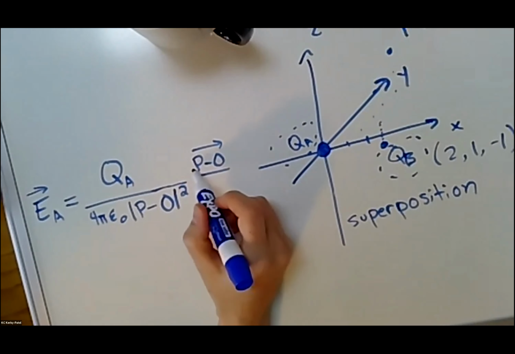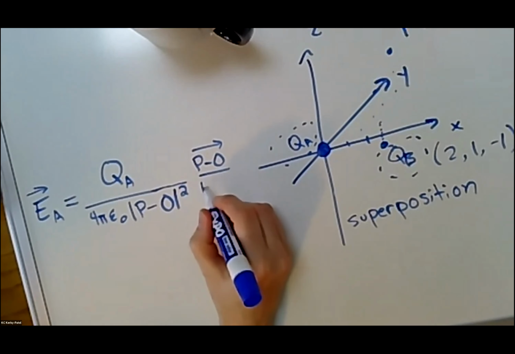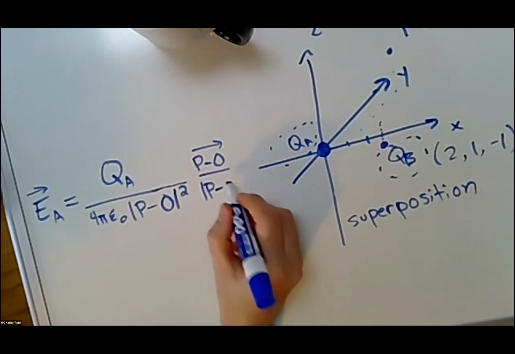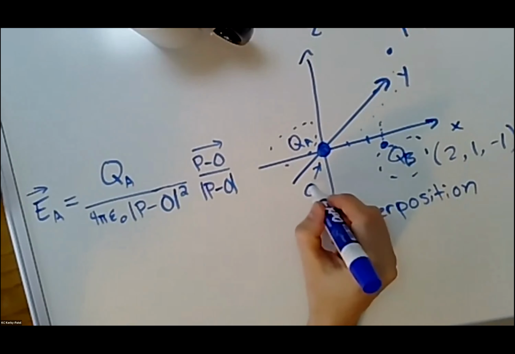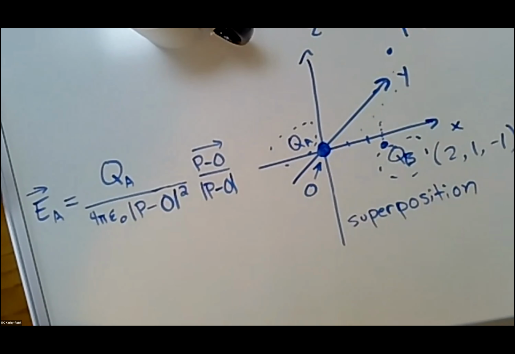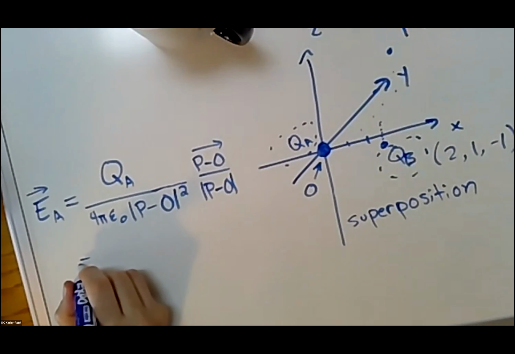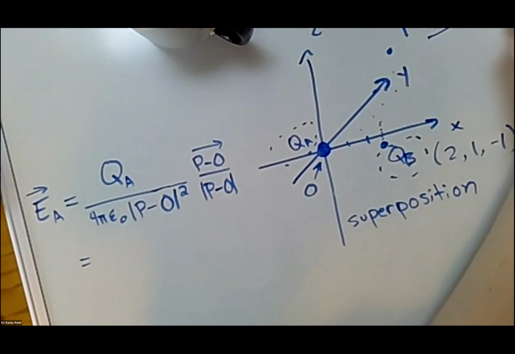I'm writing the vector observation point minus origin divided by the magnitude of observation point minus origin, like that. That point is the origin, which is why I'm using the letter O to represent it. It's 0, 0, 0. So if I actually write all this out, observation point is 1, 4, 2.